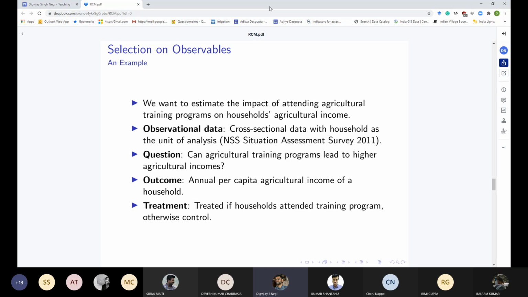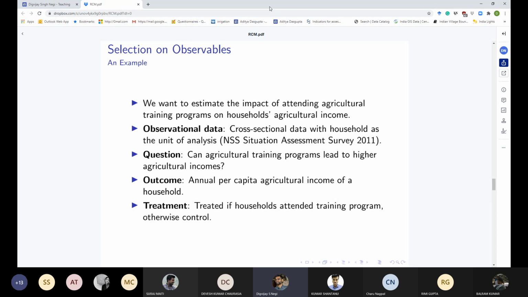And they have something called an extension program, okay, where the objective of the extension program of the ICAR, Indian Council of Agricultural Research, is to basically tell farmers about new technologies that are available, new agricultural technologies, new ways of cultivating, new kinds of crops, new seeds, and all those things.